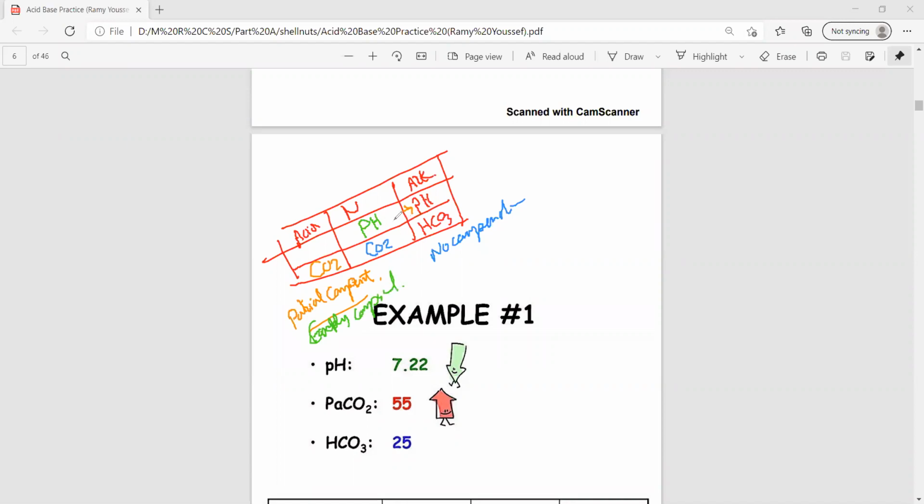If the pH moved here, instead I don't have this one. So the pH moved here, so I have a metabolic problem, and the pH moved here, so I have a fully compensated.